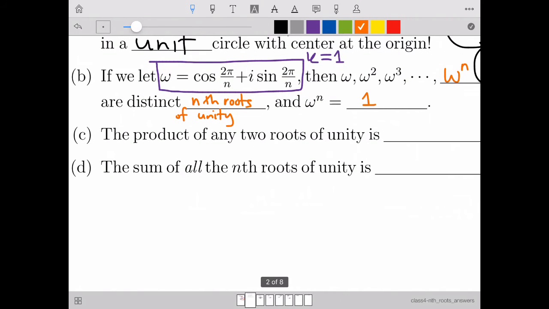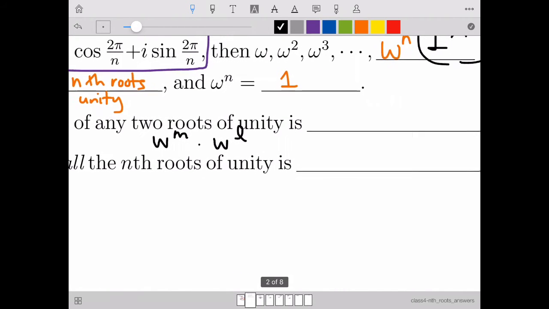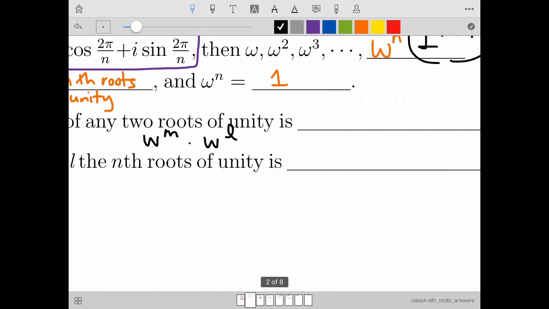Now the product of any two roots of unity is, so if I do w^m times w^l, then what do we get? How do we multiply z1, z2?